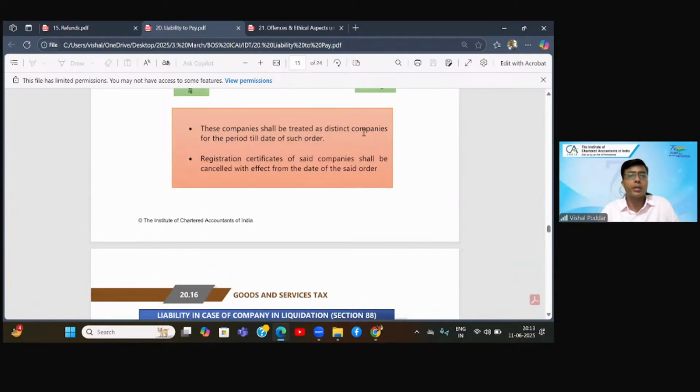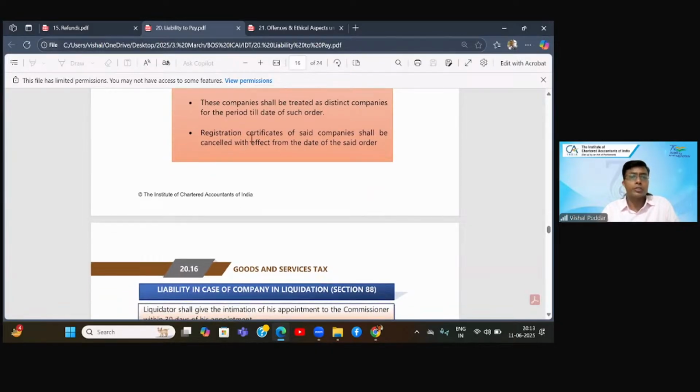These companies shall be treated as distinct persons for the period till the date of such order, and the registration certificate of the said company shall be cancelled with effect from the date of such order. So between this period, whatever transaction happens, it shall be taxable only to one of the companies. Which company? The company which is supposed to do the transaction.